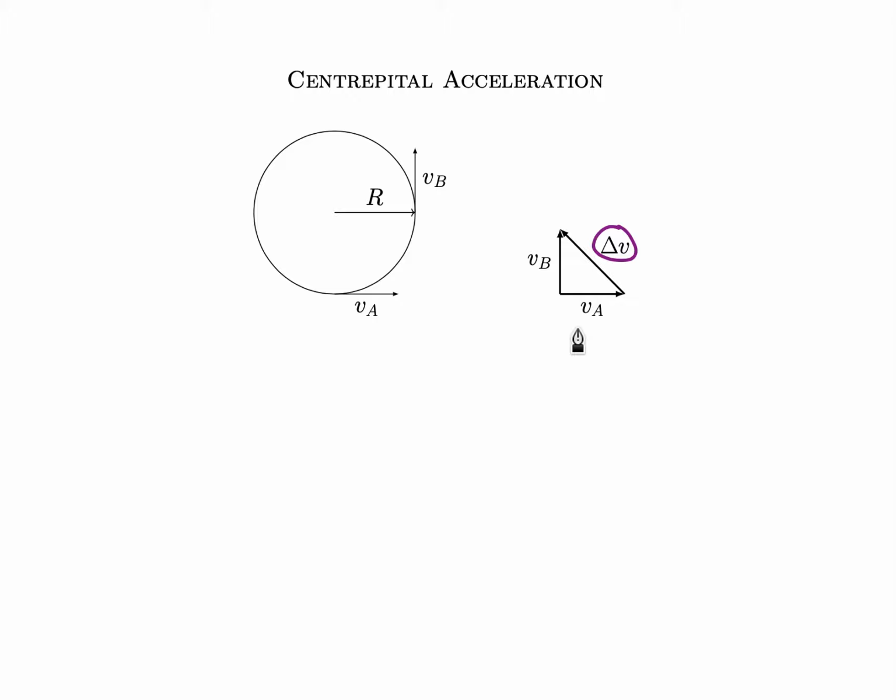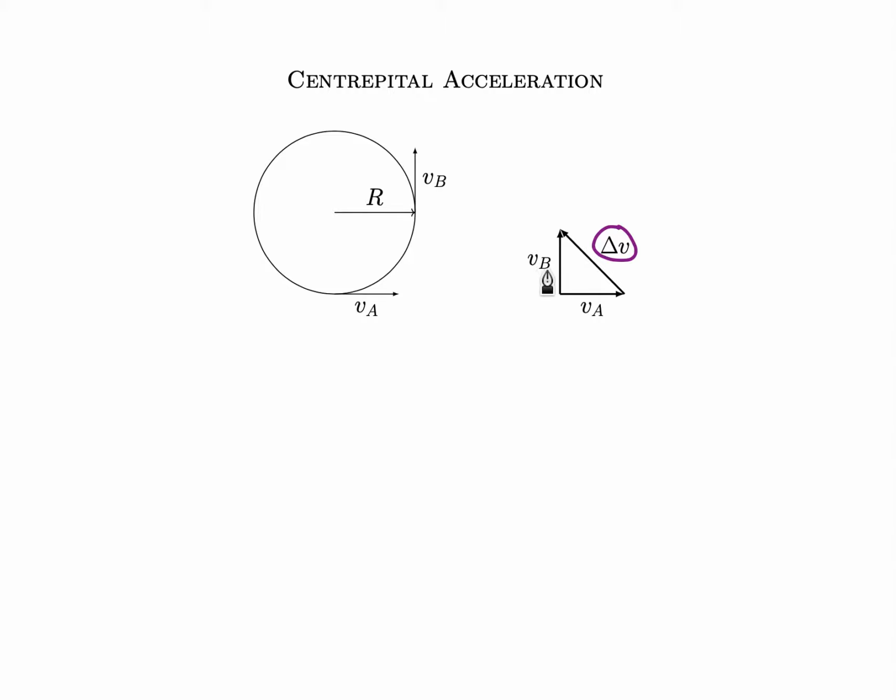Although the speed is 2.3 meters per second, if we make a little triangle to show how these vectors are related, you can see the magnitude of delta v. You start with v at A, you add the change in velocity and end up with v at B.